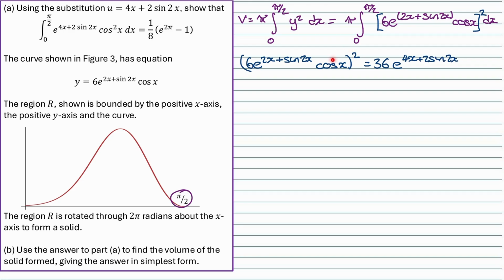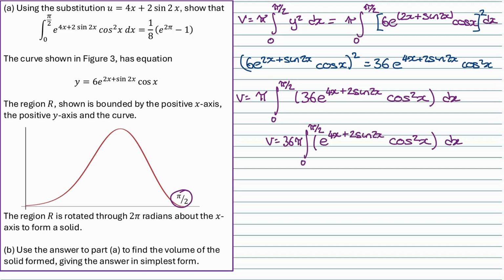And then we'll square the cos x, and we get cos squared x. So this is the y squared. Then I'll substitute that back into the integral here. And now you can see we can pull this 36 in front of the integral. And this is exactly what we had in part A.